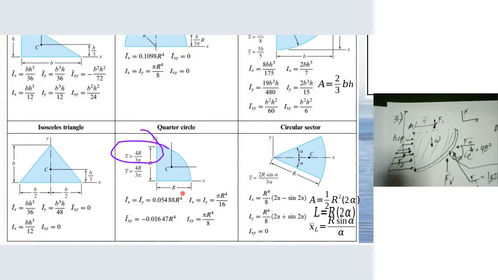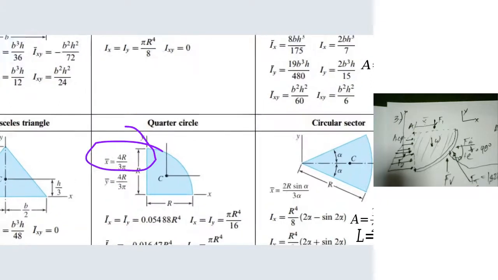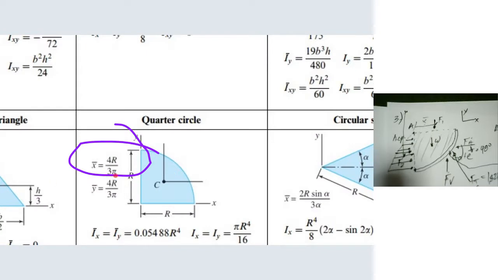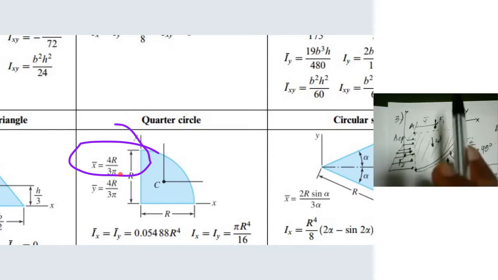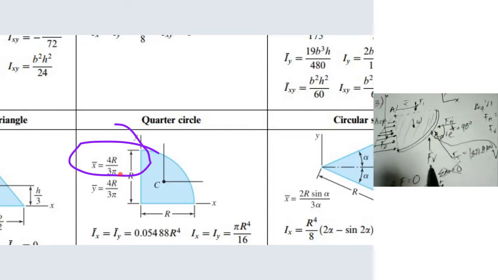So we have 4r over 3 pi. Okay. So again, that centroid is the point na magpapass to yung weight nung tubig at the same time yung F sub B. So yan yung distance na hinahanap natin. It can be solved by 4r over 3 pi.